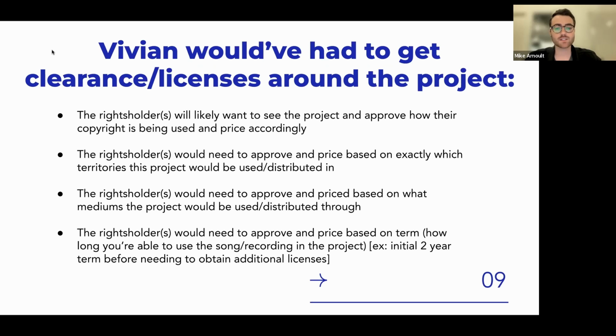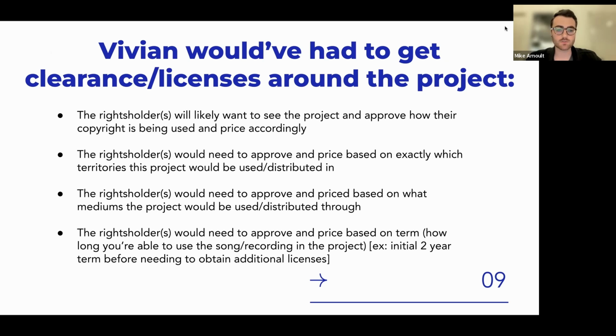Sure. And in addition, the rights holders would need to approve and price based on exactly which territories the project would be used and distributed in. For example, just the US and Canada, or if you want to distribute worldwide or just in the UK, etc. The rights holders would need to approve and price based on what mediums the project would be used and distributed through, whether that is online only, or commercial broadcast, or theatrical.